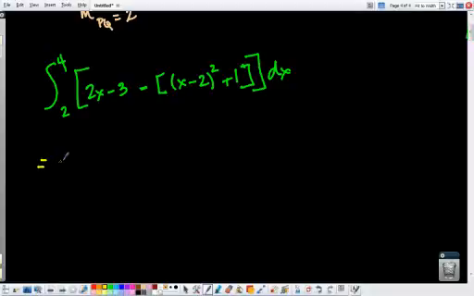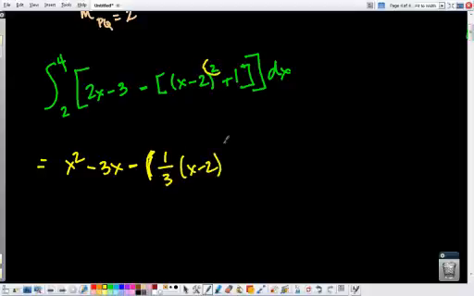Okay, the integral of 2x is x squared. The integral of negative 3 is negative 3x minus, parentheses, here we go. So 1 over a is 1 over 1, times my integral of the outside, which is 1/3, times the inside raised to the new power, plus x.